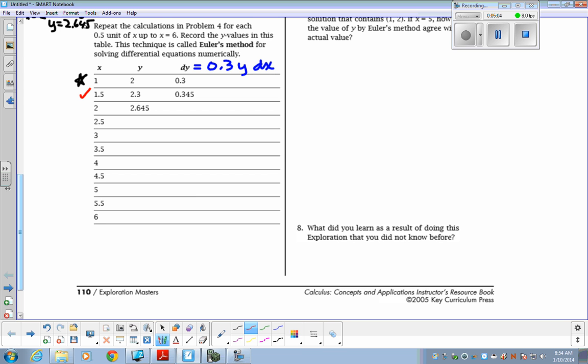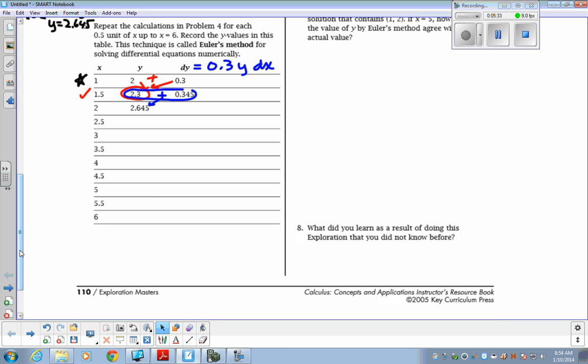Since we knew this 2.3 comes from adding those two things together. So 2 plus 0.3, that's giving me my 2.3, the next y value. So when I find my 2.3, then when I'm finding this 2.645, I add these two guys together. That gives me 2.645. And again, I find my dy the same way every time.